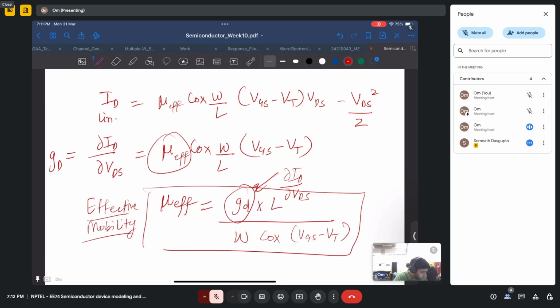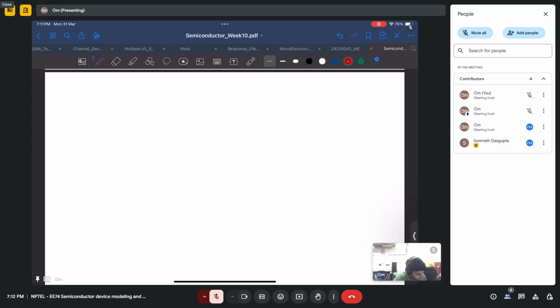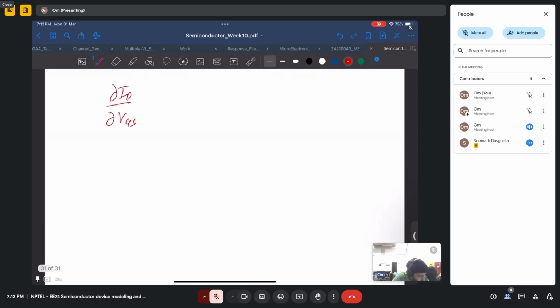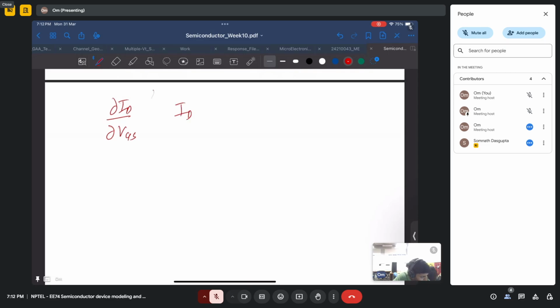There's one more mobility, that is field effect mobility, which we calculate with the help of del ID by del VGS. This is called field effect mobility. So again, if I write my current equation, ID is mu C ox W by L (VGS minus VT) VDS minus VDS square by 2. Right?